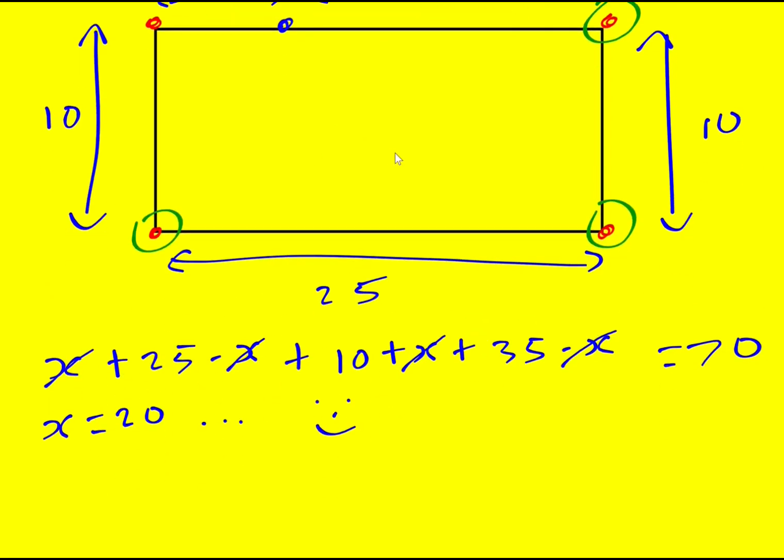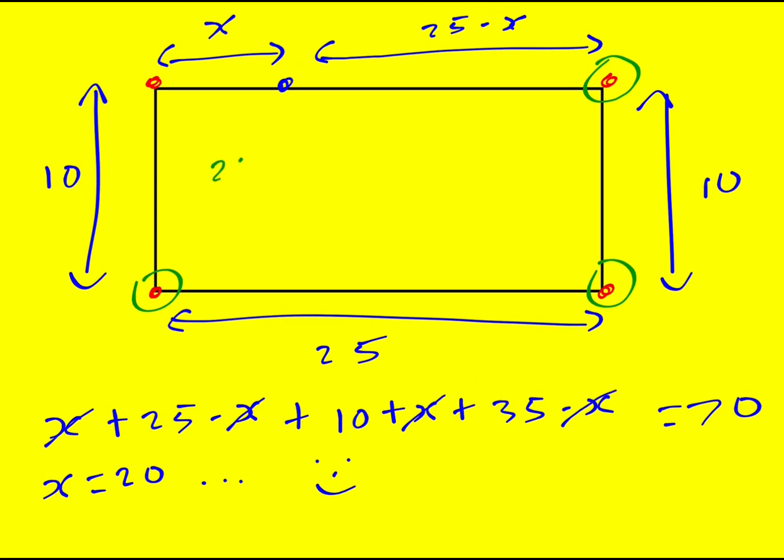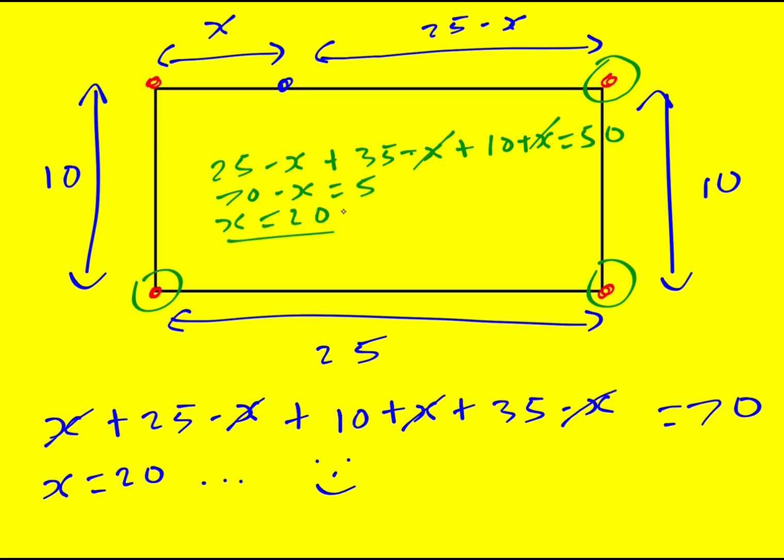So let me do it. 25 minus x plus 35 minus x plus 10 plus x is going to equal 50. So I set it equal to the 50 here, and that left me with 70 minus x equals 50 and x equals 20. And I went, yeah, 20, that's the answer, and I was done.